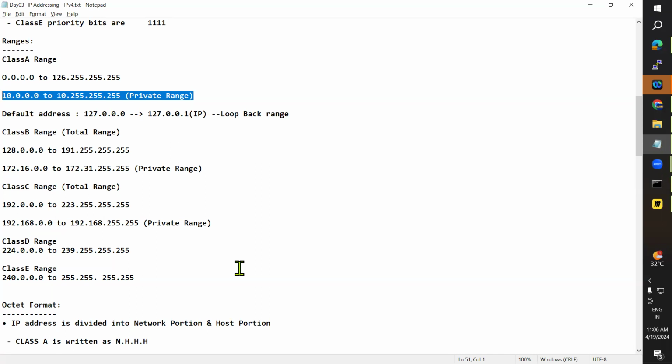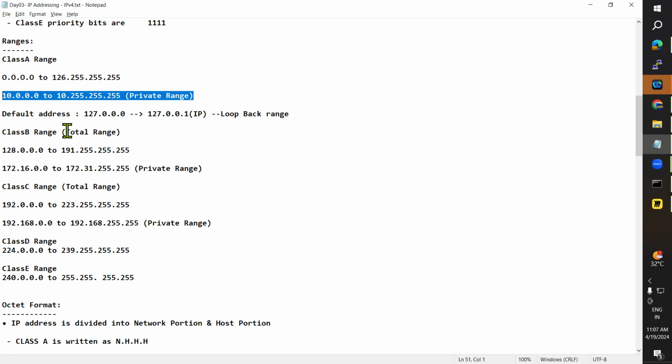Because of future visibility, they made a separation from the total range and pulled one range for private use, because everyone is using IP addresses. Nowadays across the world, billions of people are using the internet. So each person, I mean each computer, should have an IP address to communicate.